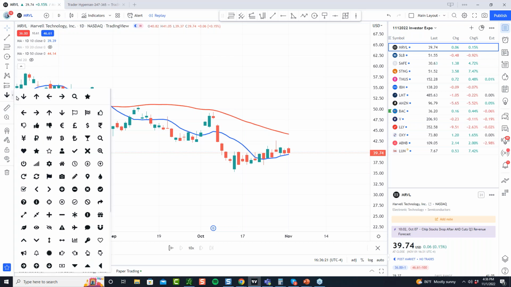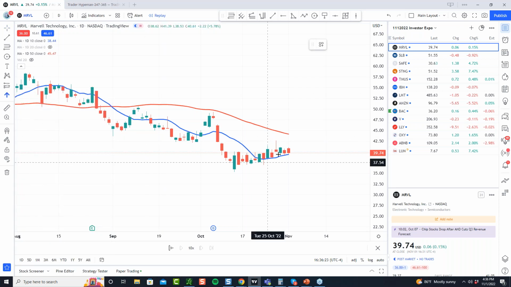I want to have the highest probability that when I buy it, it's going to go up in price. Well, I know that I have resistance here on top of us. The market does not go in a straight line. So for Marvell to get above this 50-day, it's going to need support to get there.